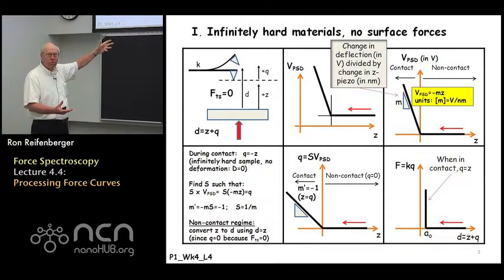It's not in newtons or nanonewtons, which is the force. So we have to go from that voltage versus Z in a systematic way to a plot that tells us the interaction force as a function of the gap separation D.